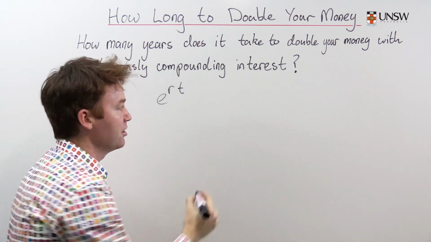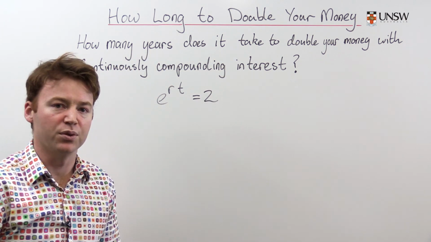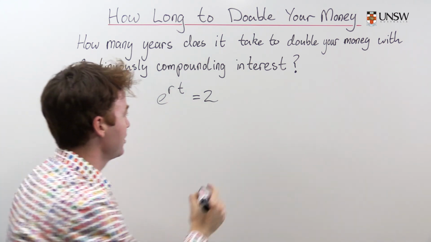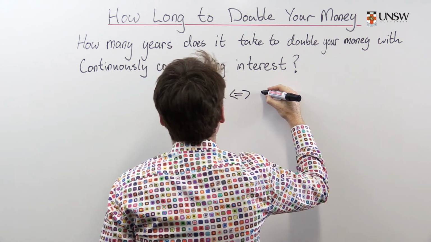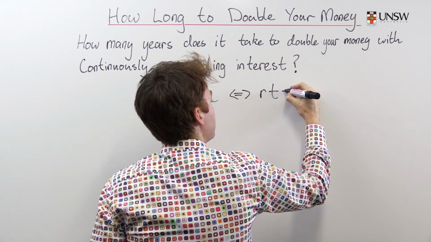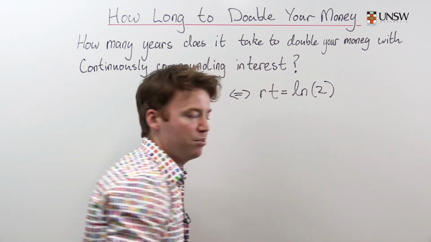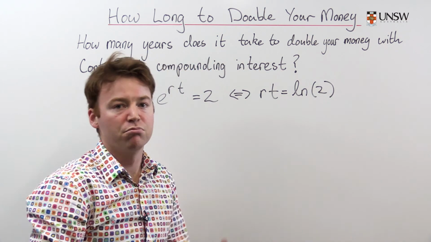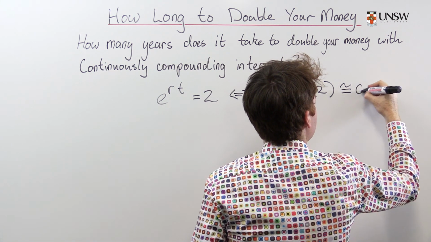And I want my $1 to become $2. Good. This is an equation that we can solve. Let's take the log of both sides. So we have rt is equal to the natural log of 2, and we can approximate the natural log of 2 by 0.7.